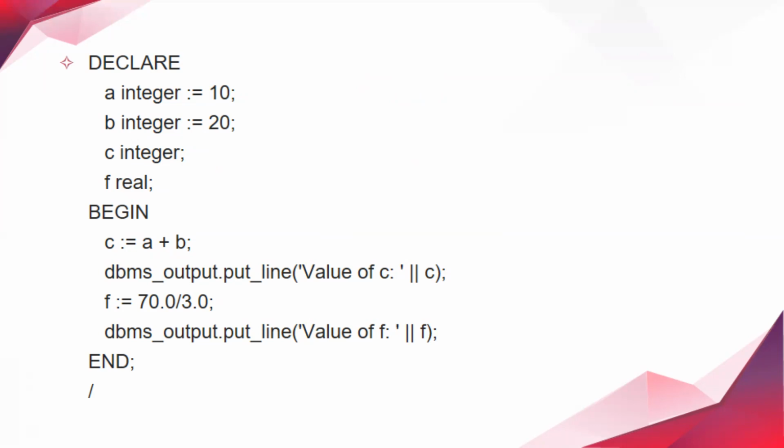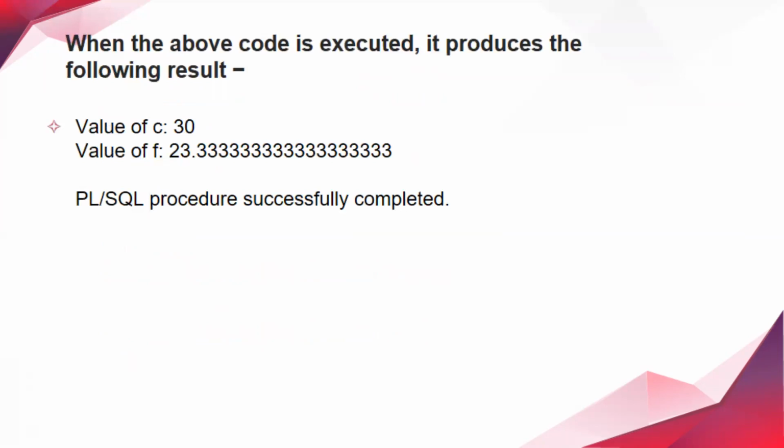Similarly, F is equal to 70 divided by 3, and again I print the value of F. Finally, the exception in the end statement is an optional one. If you want exception statements, you can add them in your program, or else no problem. You can end with your end statement. So this is the output of your program.